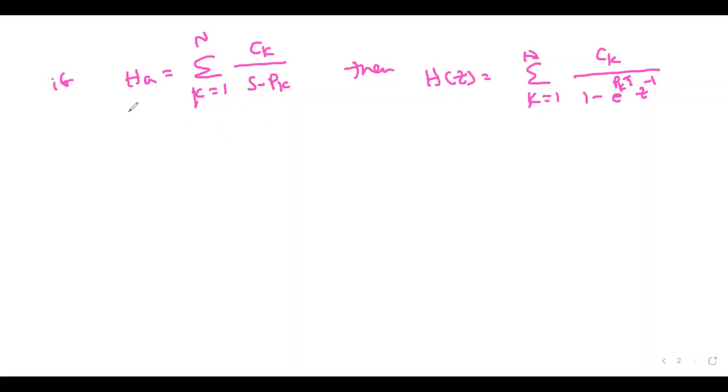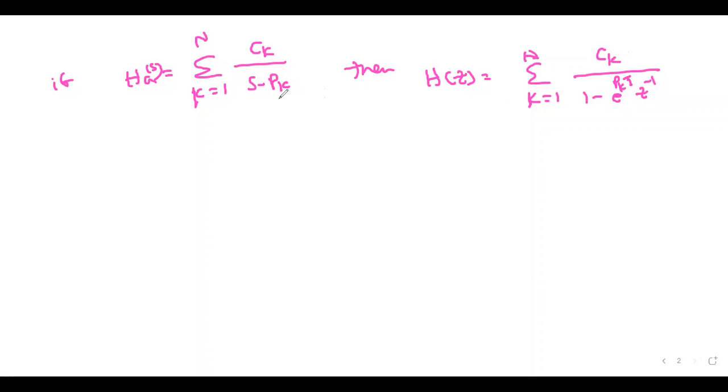This is the rule. So if in the problem they have given h_a of s, you convert it into partial fractions, I mean into this format, then you just compare this. If you have this format, simply for h of z you can place the same C1 values and so on.